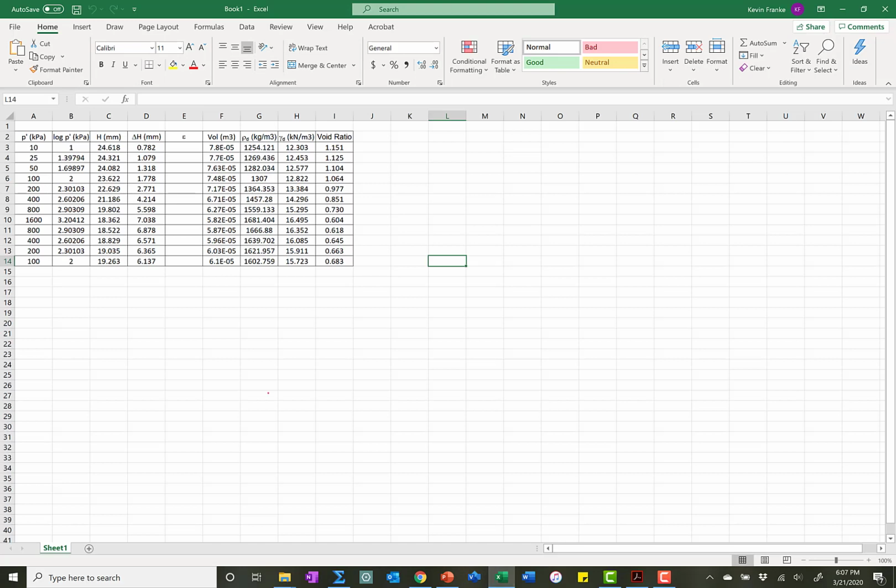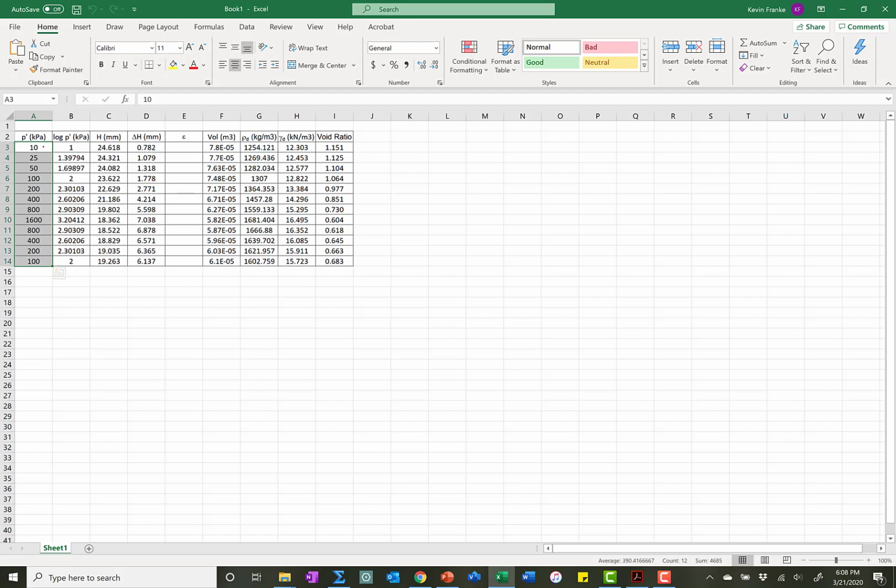This could be any sort of data that you get from a consolidation test, where we have P prime, that's our mean stress in the soil, which we're assuming is essentially equivalent to the effective stress of the soil.